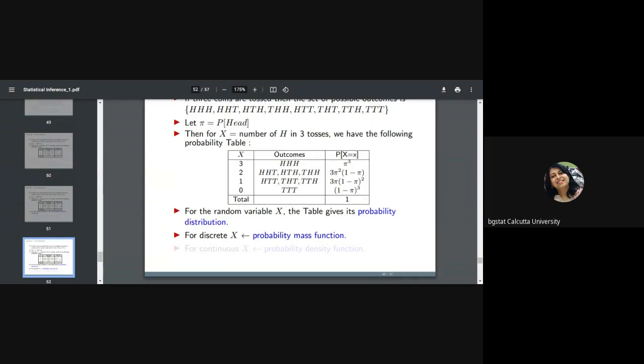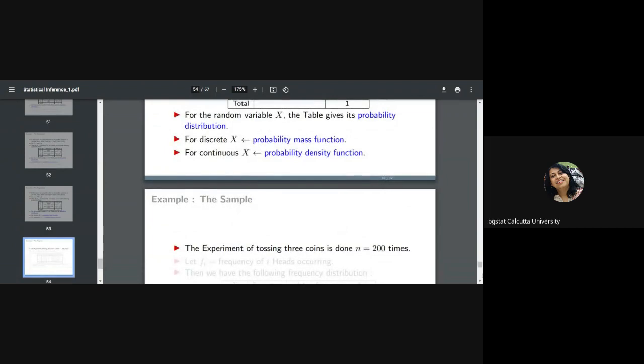We also saw some variables which are not discrete but are continuous. If x is continuous, then if you remember in the last class, we saw the example of a normal distribution. We applied it to the weights of the US population. Weight is an example of a continuous variable.